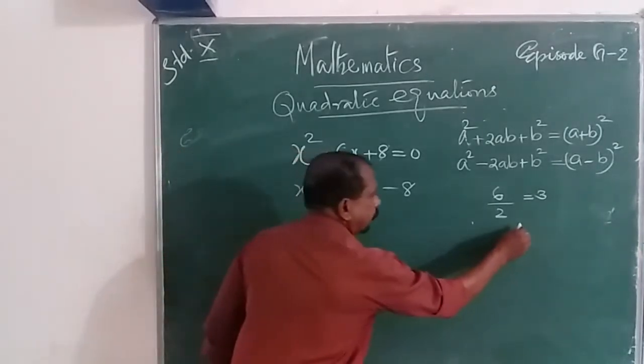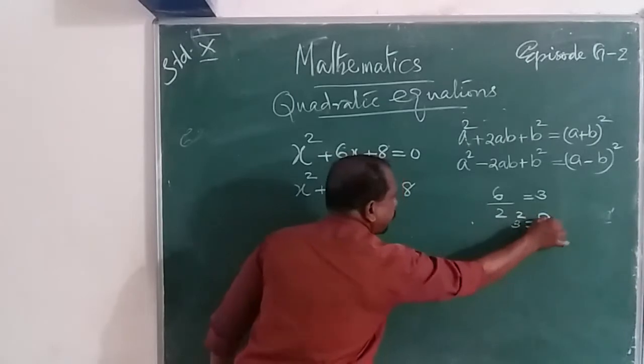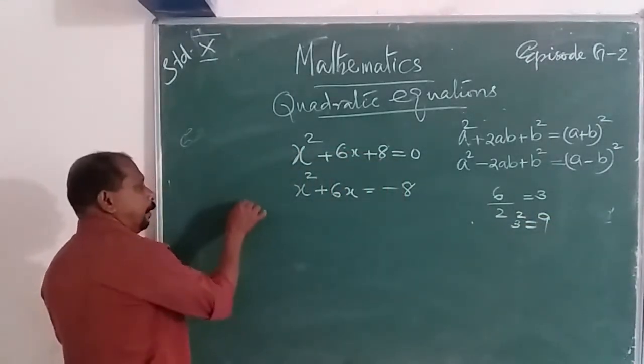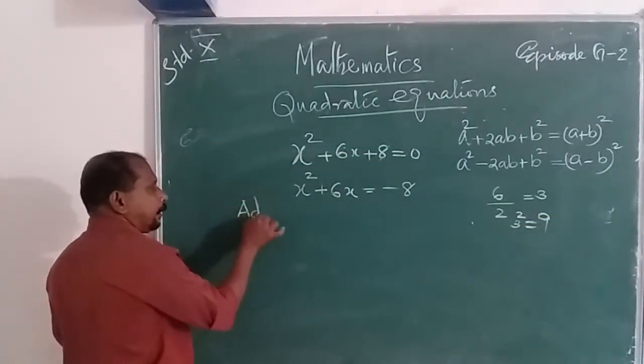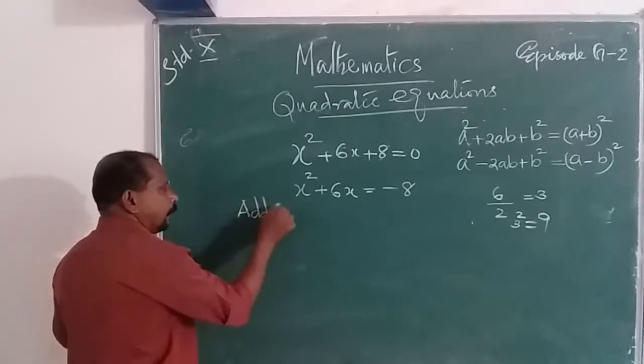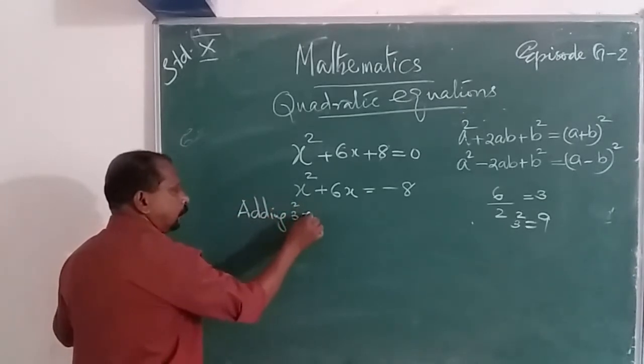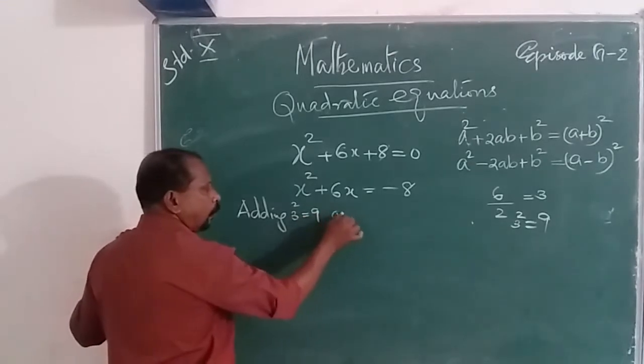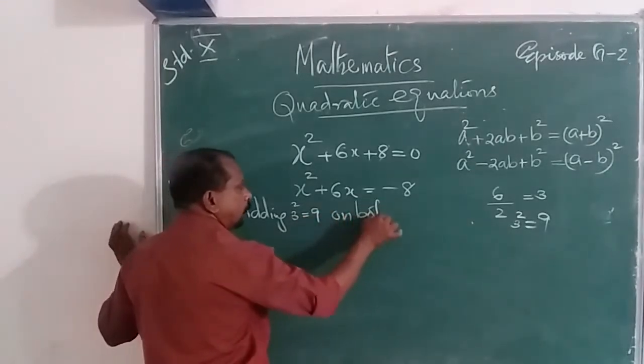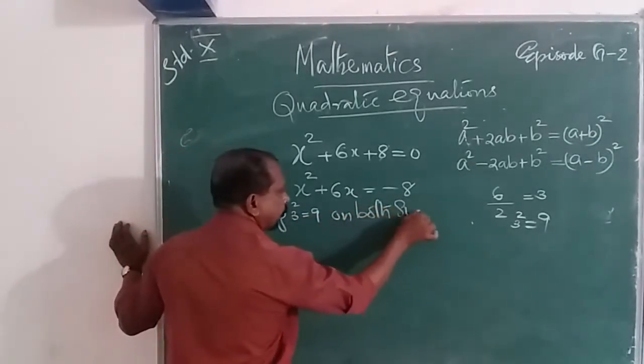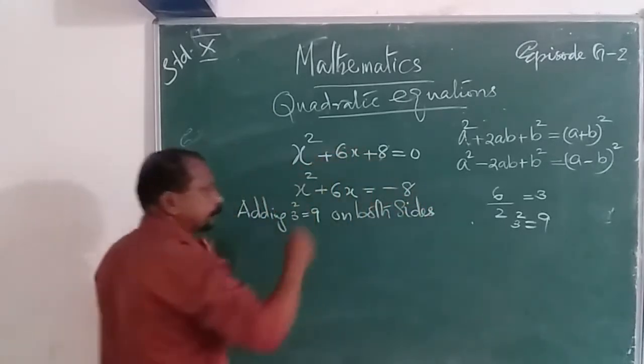Therefore, the next step is to add 3 square, that is 9, on both sides.